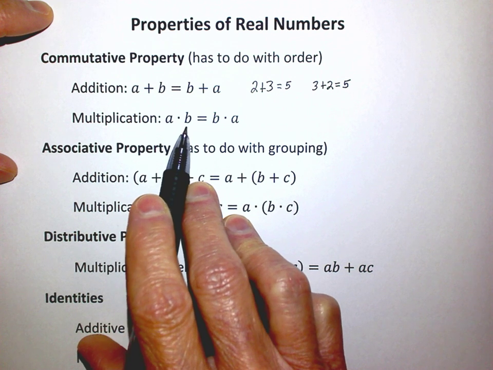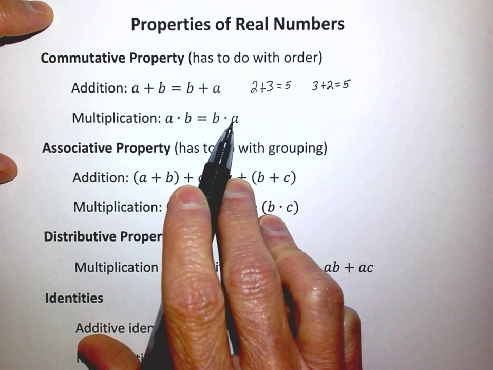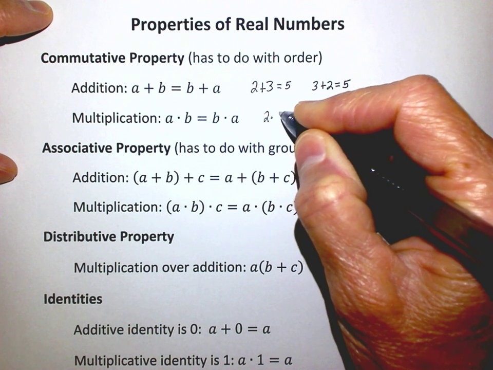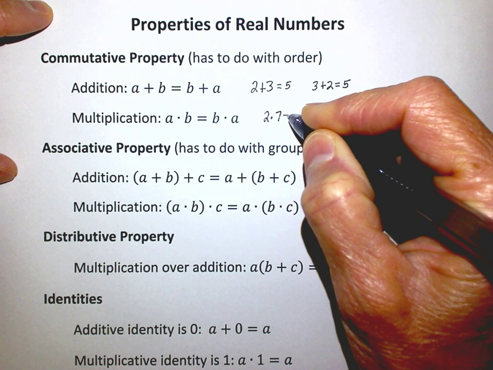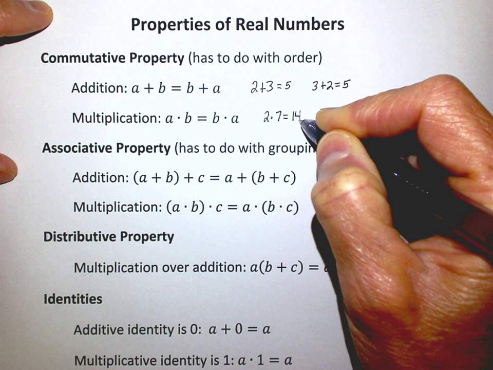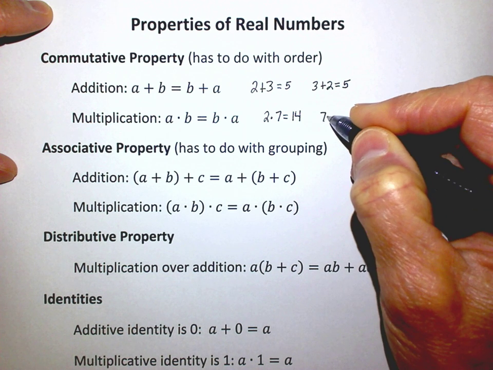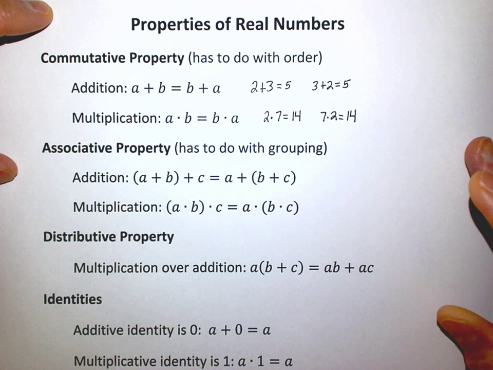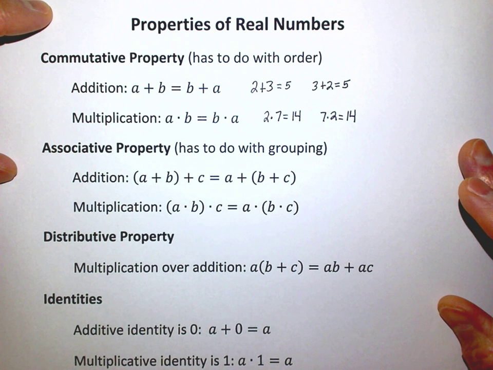A times b equals b times a. 2 times 7 equals 14. 7 times 2 equals 14. So changing the order does not affect addition or multiplication.